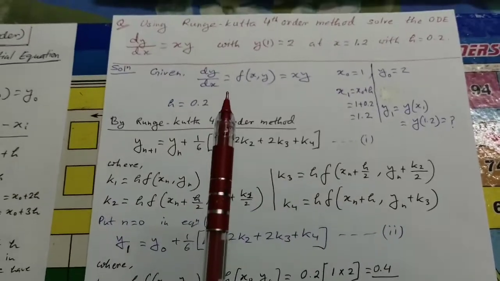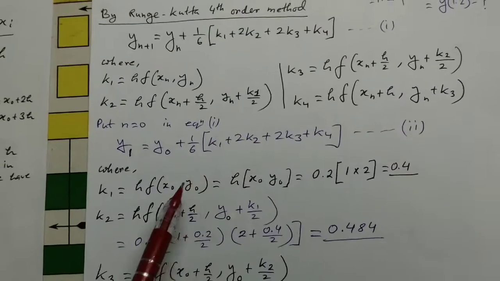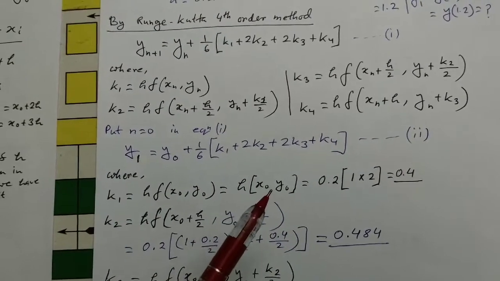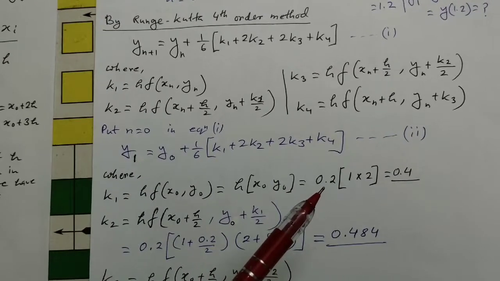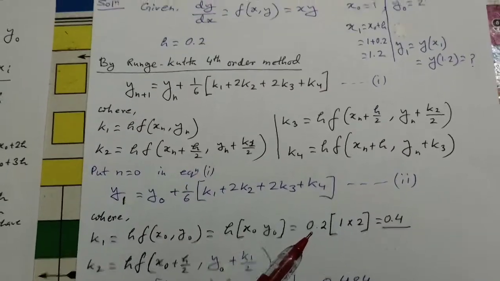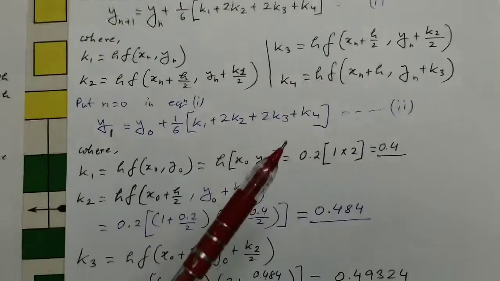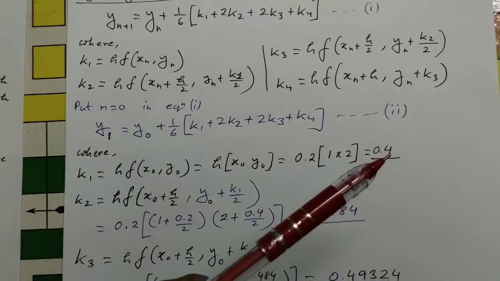As per the function given, f(x, y) equals xy, so f(x0, y0) will be x0 into y0. So putting the values of h, x0 and y0, because all these values are given in the question, h will become 0.4.